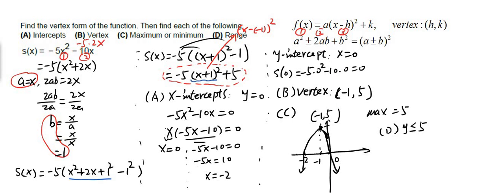And be careful, the maximum value is about the y value, the y coordinate, so it should be 5. Also, if you want to write y less than or equal to 5 in interval notation, that should be negative infinity to 5, with a square bracket because the 5 is included.